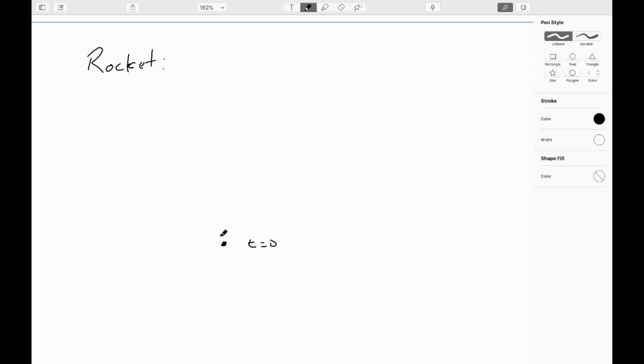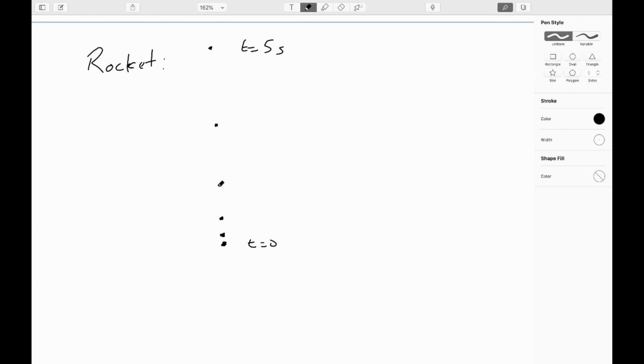And if you've ever watched rockets launch, they don't move very far initially. But every second, they cover more and more ground. So 1, 2, 3, 4, 5. This might be, say, t=5 seconds here. And so this would be our motion diagram for a rocket.